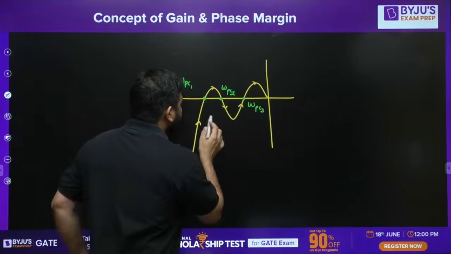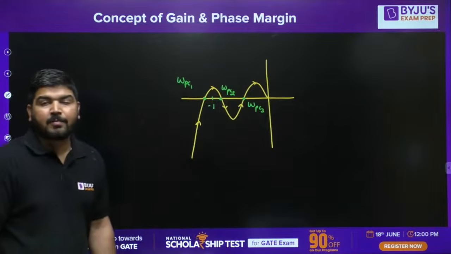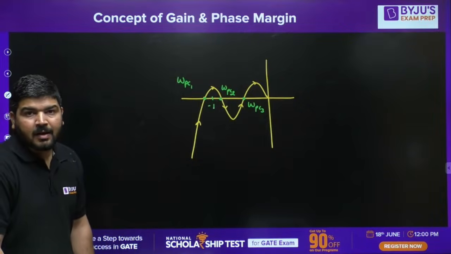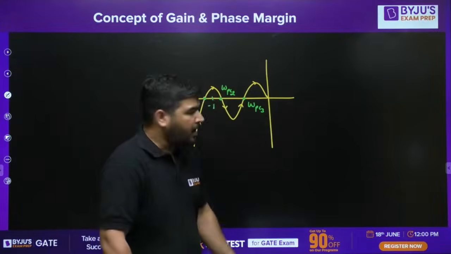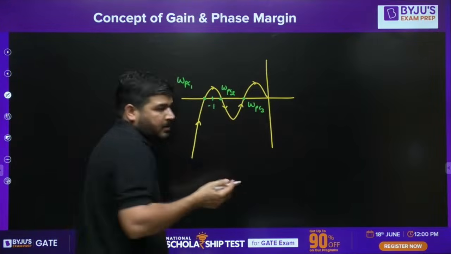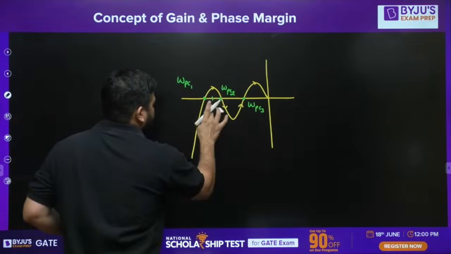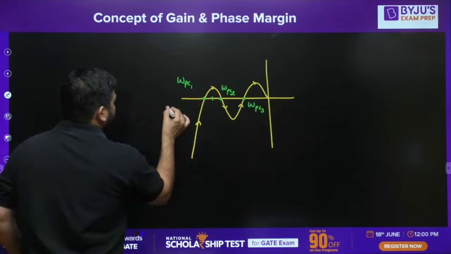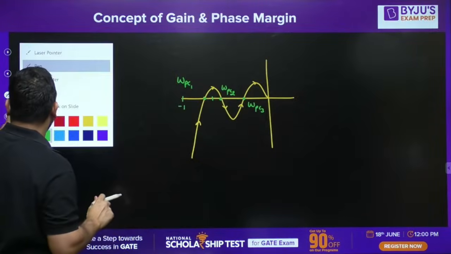Now let's say your -1 is lying here. It means your system is unstable, let's say. I'm not sure, but let's say it's given, or you can take anything, okay?